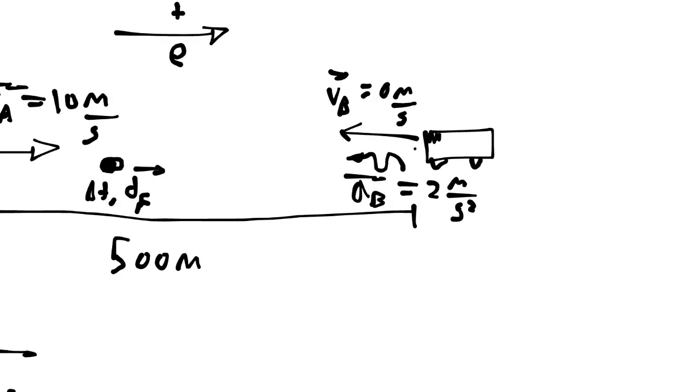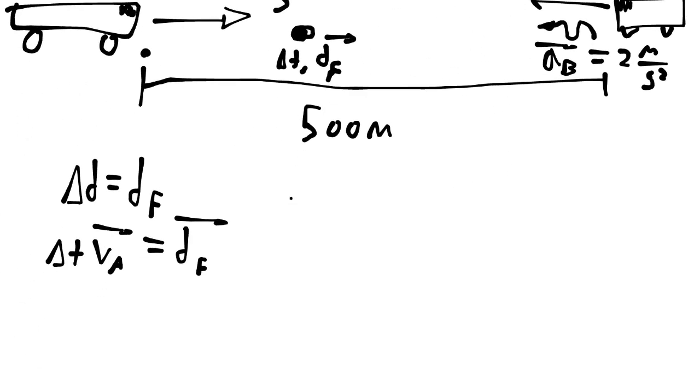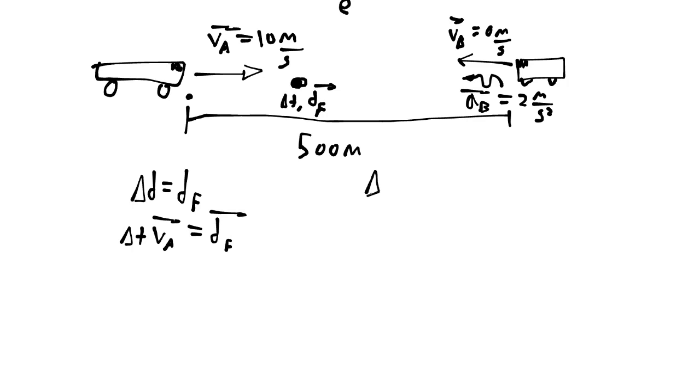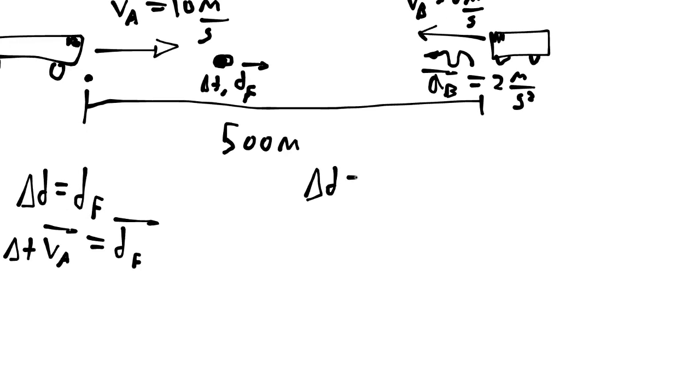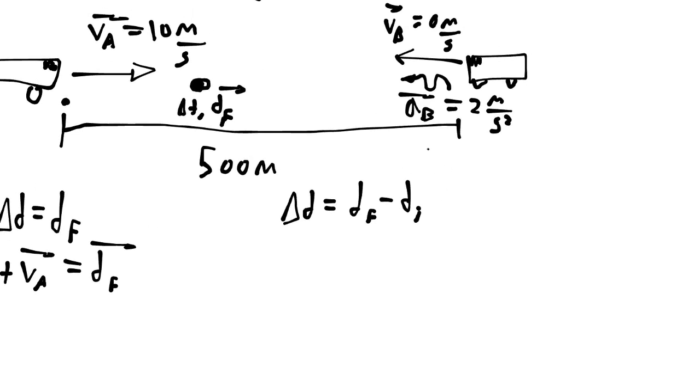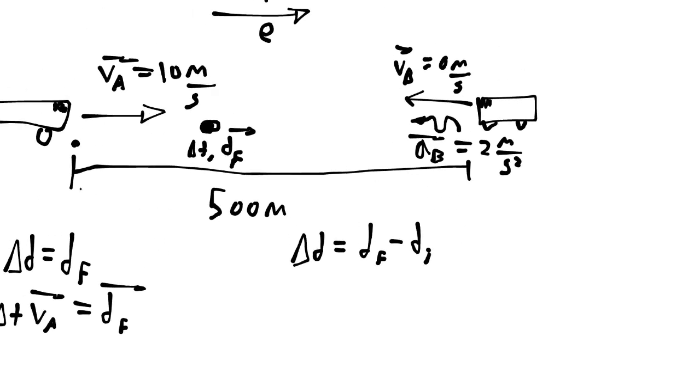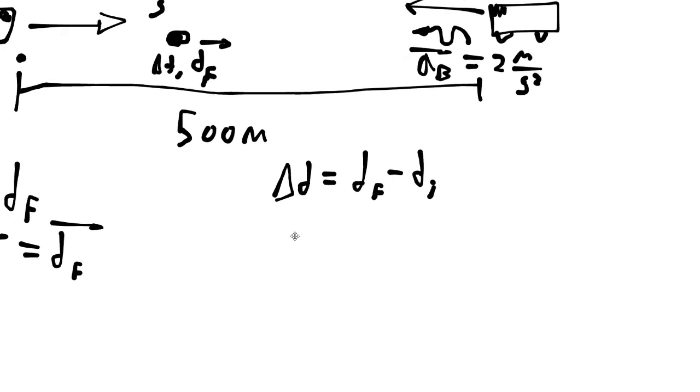And then car B over here, its final position is going to be the same thing, but its displacement will be a little bit different, right? Because remember, it's delta d, position 2 subtract position 1. Its original position is 500 meters away from the origin.